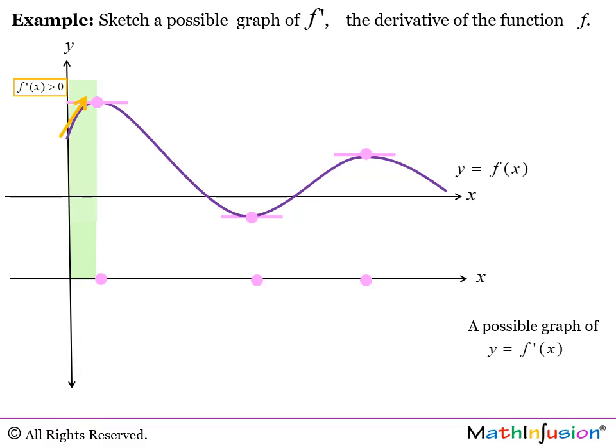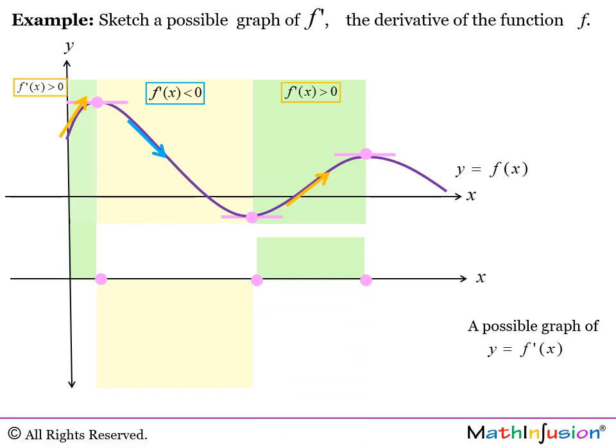Here, all the slopes of all the tangent lines are negative. It means that the derivative is negative, and the graph of the derivative has to be below the x-axis. Here, if you observe, all the tangent lines have positive slopes, and that's why the derivative is positive, and the graph has to be above the x-axis.